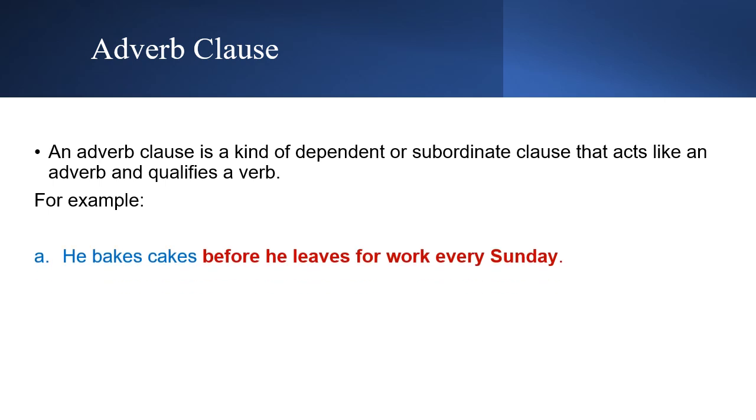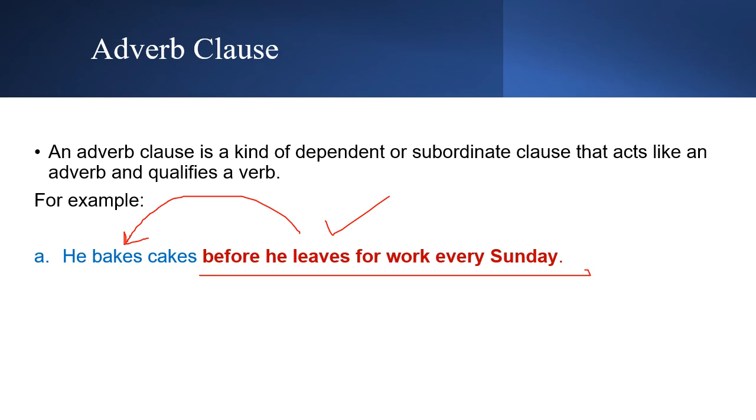For example, he bakes cakes because he leaves for work every Sunday. Now, if I ask you a question, why does he bake cakes? Because he leaves for work every Sunday.